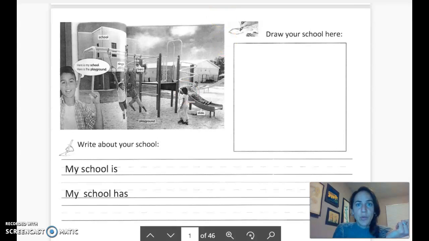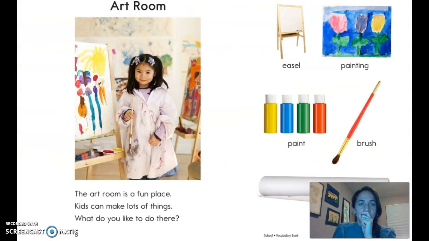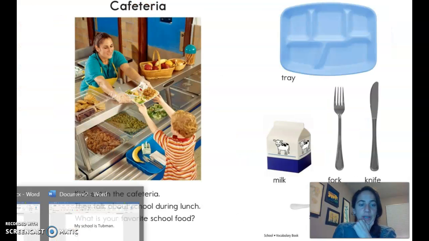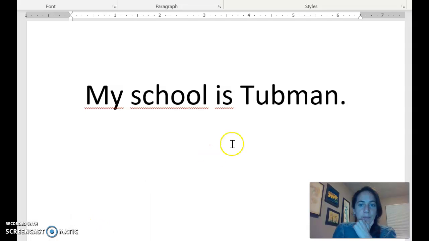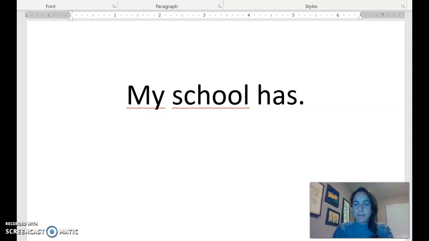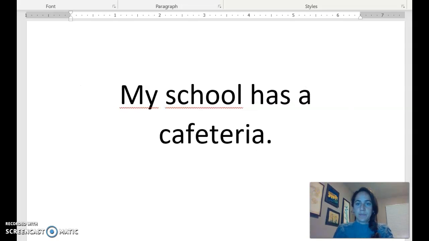Remember, use your book. Ooh, the cafeteria. We could say, my school has a cafeteria. We only have one, so I have cafeteria.